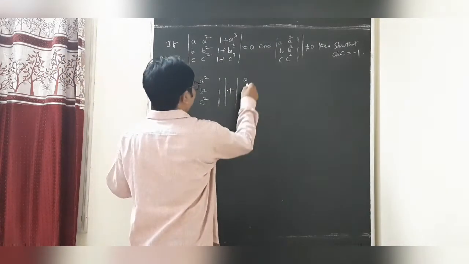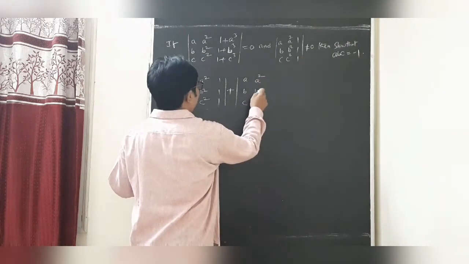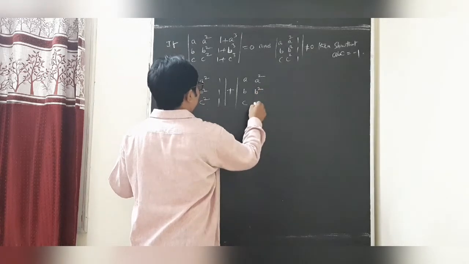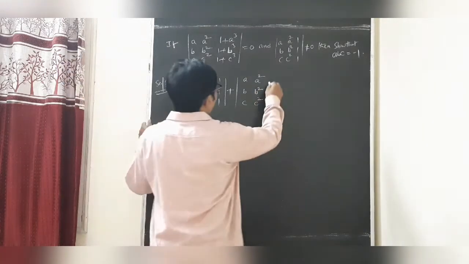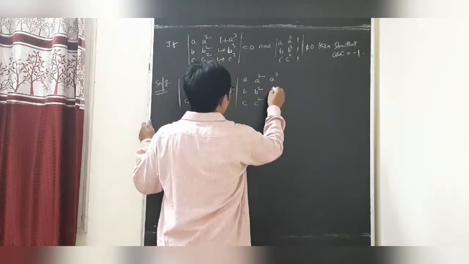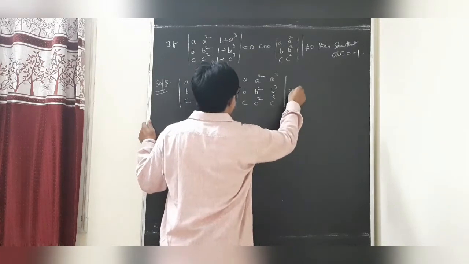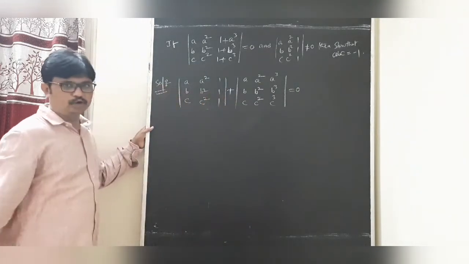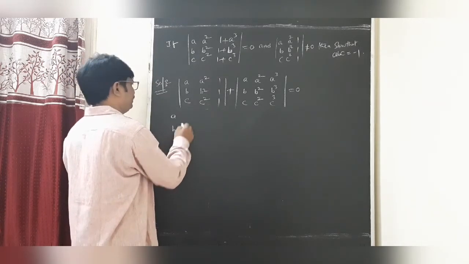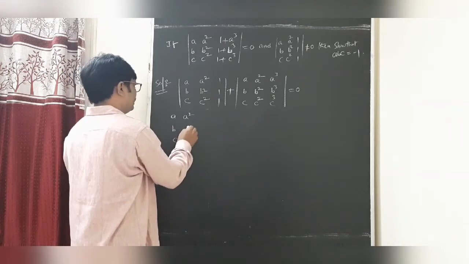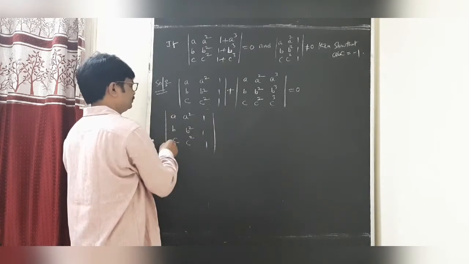Therefore, abc, and after that a square, b square, c square, with a cube, b cube, c cube equal to 0. Okay, students. Now this is abc, a square, b square, c square, 1 1 1.